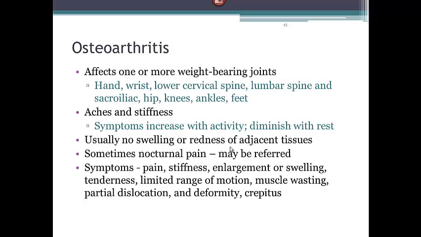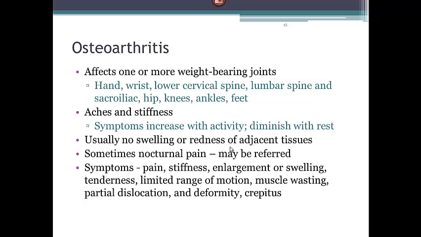The most common are the proximal interphalangeal joints, and these are hand, wrist, cervical spine, lumbar spine. Symptoms increase with activity and diminish by rest. Usually there's no swelling or redness.